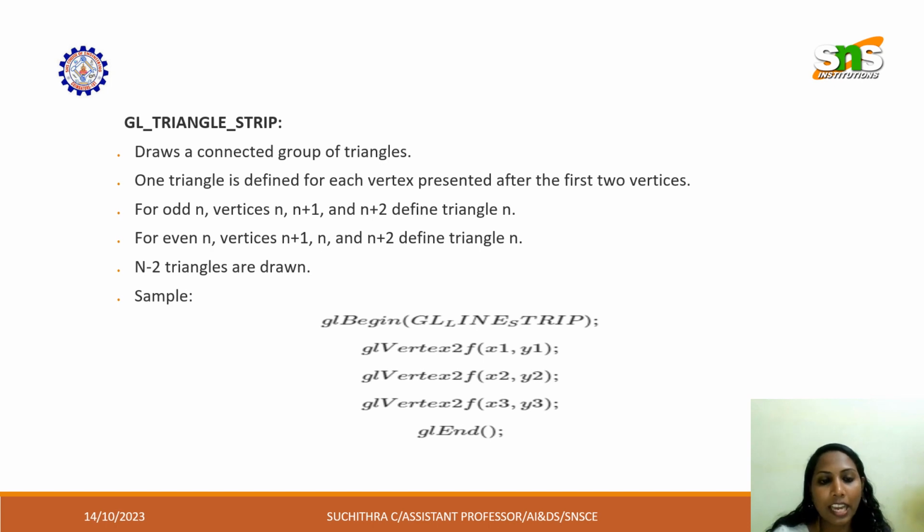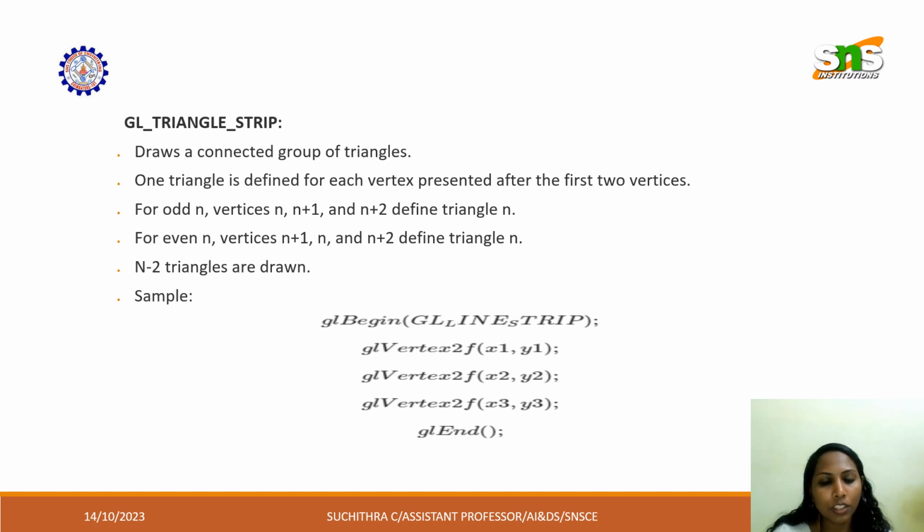Next we are giving GL_TRIANGLE_STRIP. Draw a connected group of triangles. One triangle is defined for each vertex presented after the first 2 vertices. For odd n, vertices n, n+1 and n+2 define triangle n.